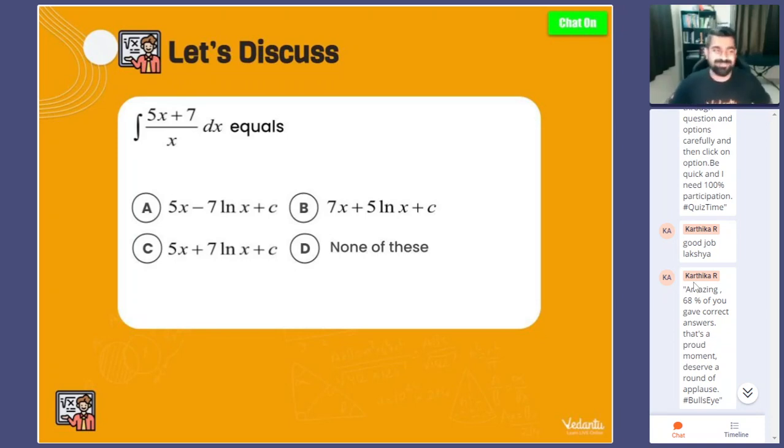Please do it. Come on. What is the answer for this? Is it A or B or C or D? Any idea? What is the answer?